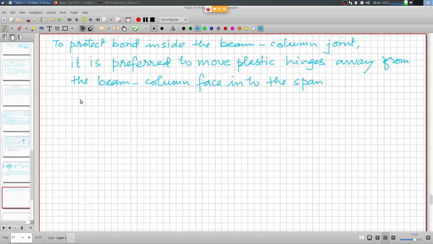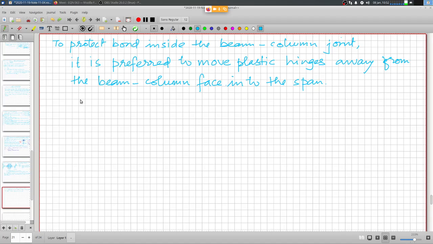You cannot just stop. It's simply not permissible to stop the transverse reinforcement and have only longitudinal reinforcement going through the beam column joint. The transverse reinforcement has to go at the same spacing in the beam column joint as well.